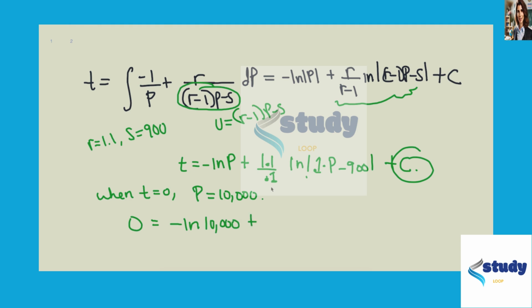And then go ahead and simplify this fraction. You just get 11 natural log, and then 1,000 minus 900, after plugging in p, plus C, and then go ahead and isolate and solve for C.